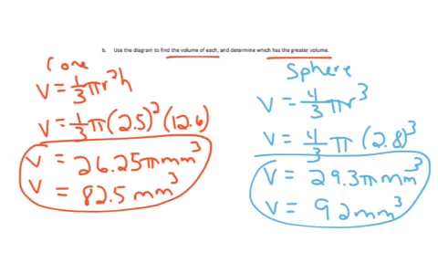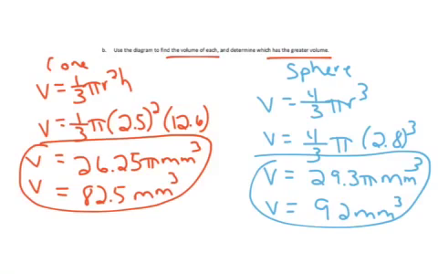So you can start checking your answer. And as you would see, my cone, I plugged in my radius and my height and got an answer of 26.25 pi cubic milliliters, or 82.5 cubic milliliters, depending on if you use the pi form or not. And for the sphere, when I plugged 2 in for my radius, my volume is 29.3 pi cubic milliliters, or 92 cubic milliliters.